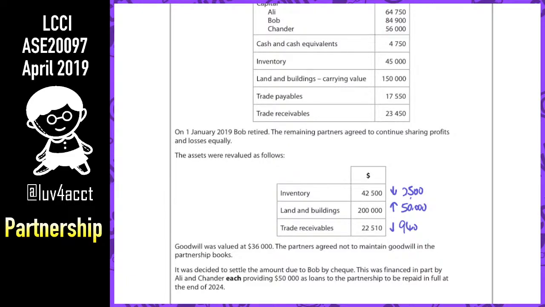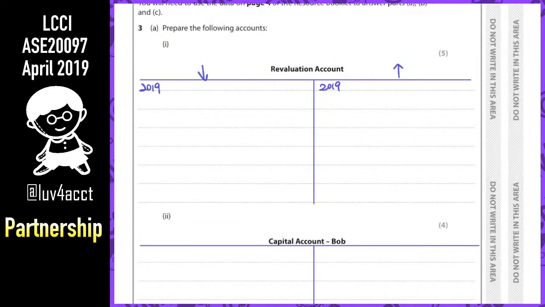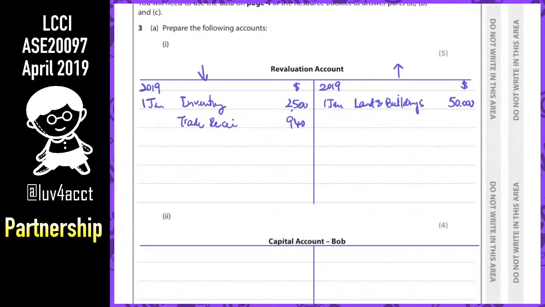The inventory, trade receivables. Okay, year 2019, 1st of January. So you have, first of all, land and buildings going up by 50,000, and then inventory going down by 2,500, and also 940 for trade receivables.